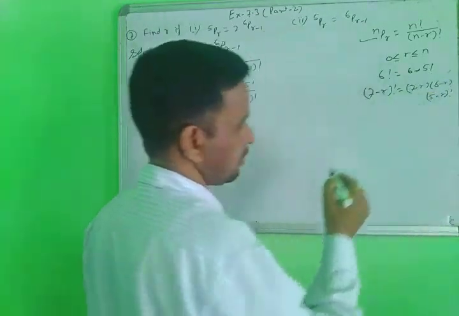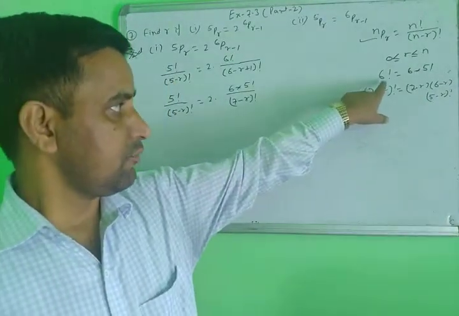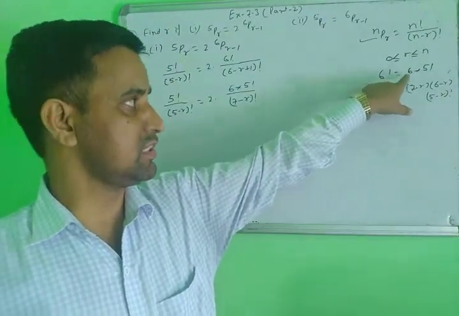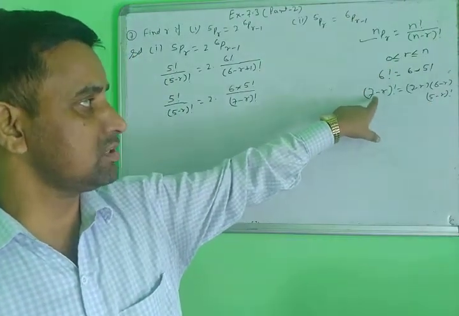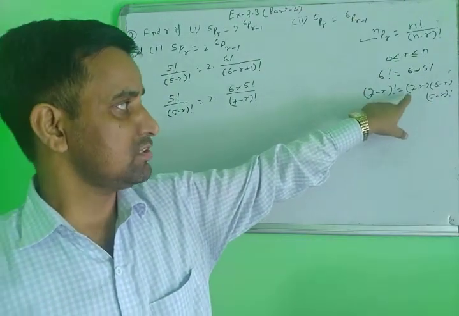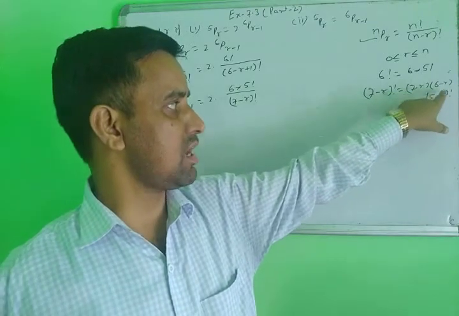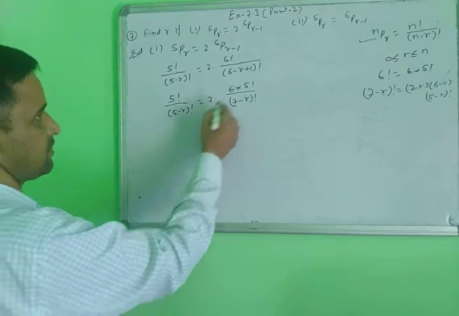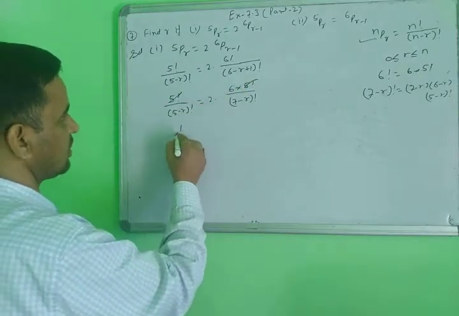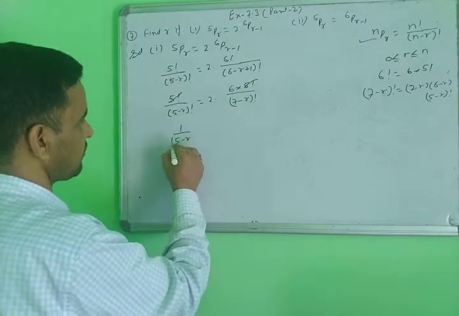First we break down factorial 6 into factorial 5. Second, we break down factorial (7 minus r) into (7 minus r), (6 minus r) and factorial (5 minus r). According to this way, the factorial 5 is cancelled, leaving 1 upon factorial (5 minus r).